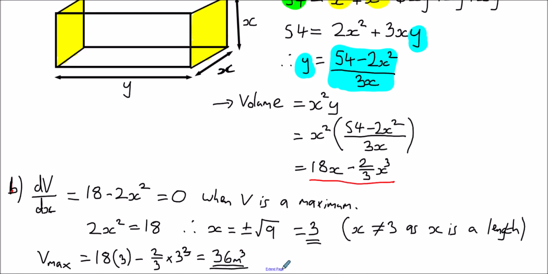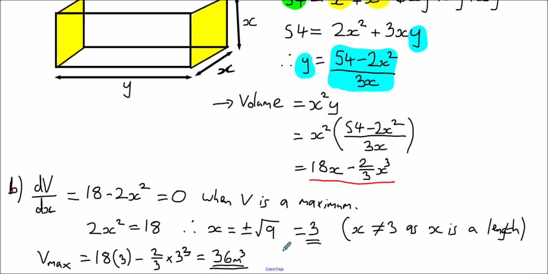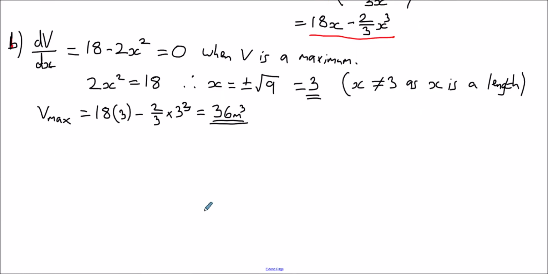Now we need to just remind ourselves of what part C asked us to find. So if I just scroll up for a second, part C said justify that the volume V we found is in fact a maximum and not, for example, a minimum. So to prove that this is a maximum, we need to take the second derivative.